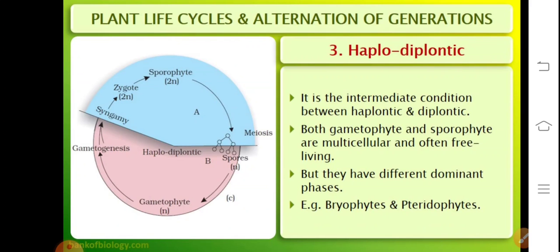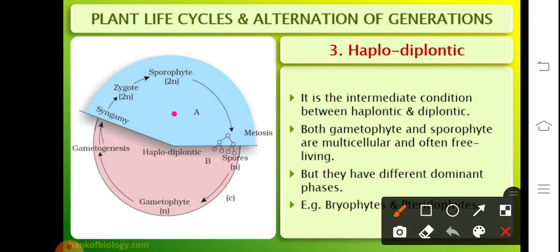Talking about the haplodiplontic life cycle, both the sporophyte and the gametophyte are multicellular and free-living. The dominant phase may be either gametophyte or sporophyte. We can see that in the life cycle, the blue and the pink coloration are almost similar.